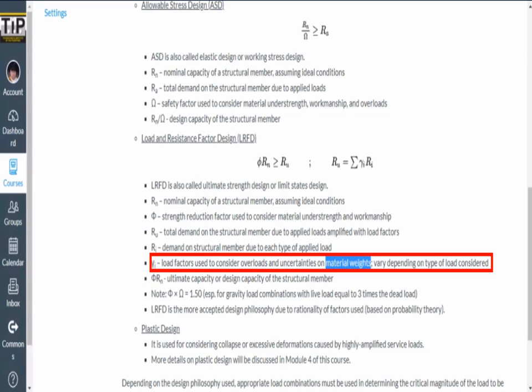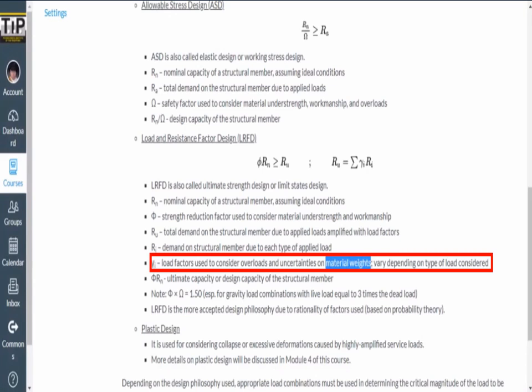So that's why the load factor there is lower, 1.2, for example. For live loads, though, it has a higher degree of uncertainty. So live loads may be a lot more or maybe a lot less than what is in the code. That's why we use the load factor 1.6 in live loads because of the degree of uncertainty. Okay, so that's the reason behind the load factors.